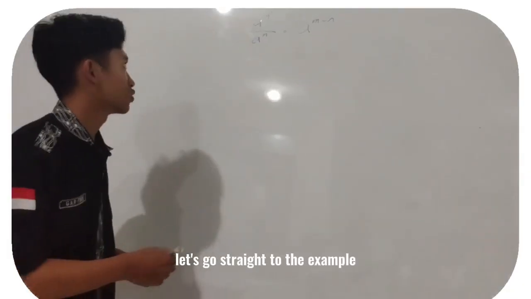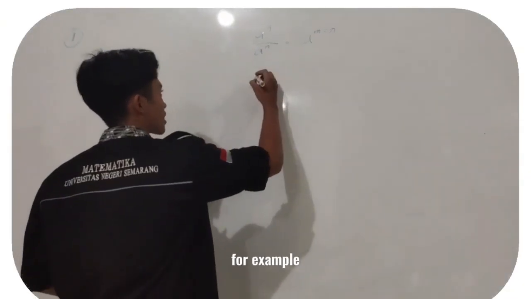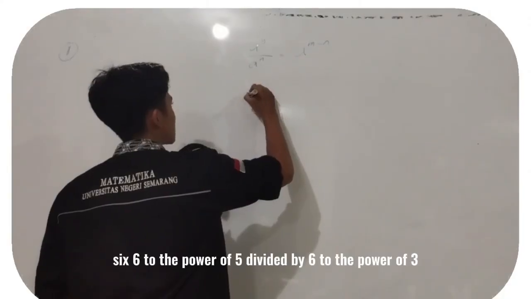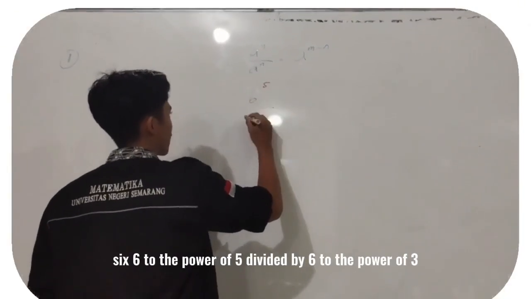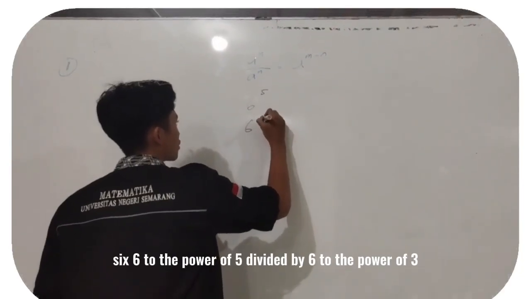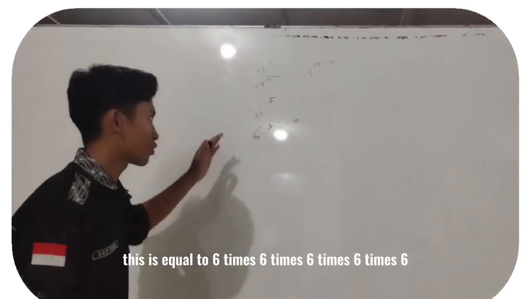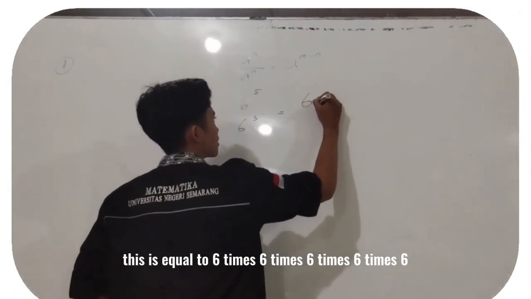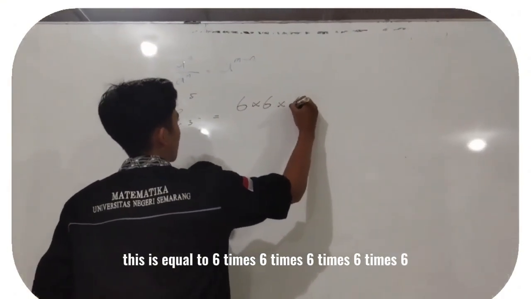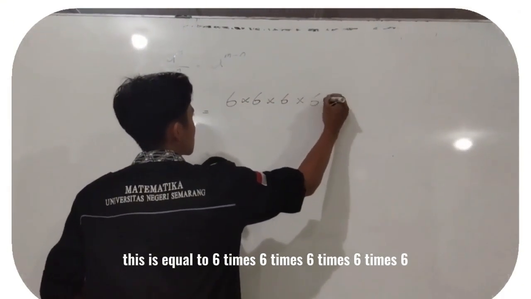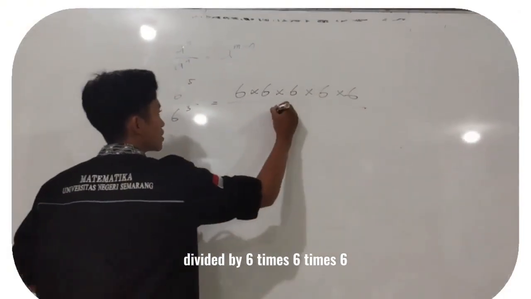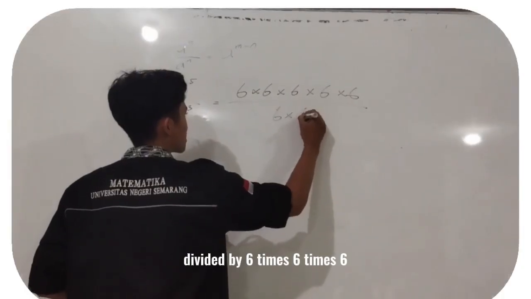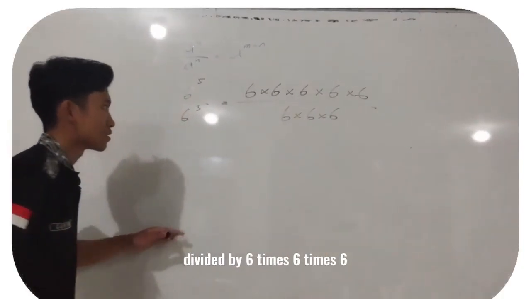Let's go straight to the example. For example, 6 to the power of 5 divided by 6 to the power of 3. This is equal to 6 times 6 times 6 times 6 times 6 divided by 6 times 6 times 6.